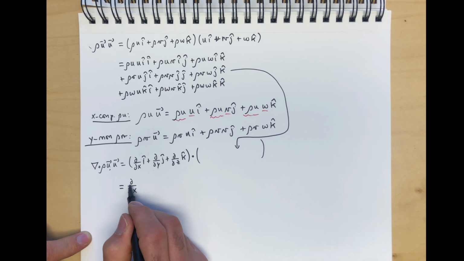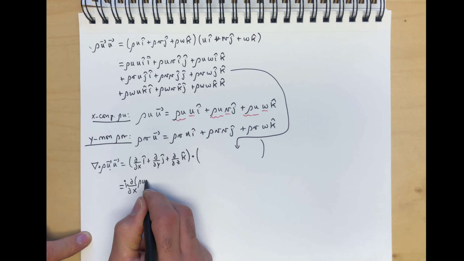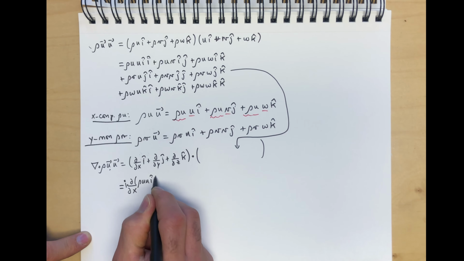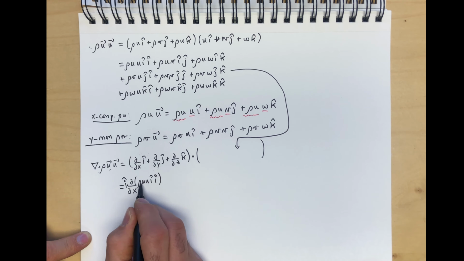So we have i dot d by dx of all of these components, rho u i. Now be careful, you have to put these inside the derivative. In this case, they can come out because they don't change with x.